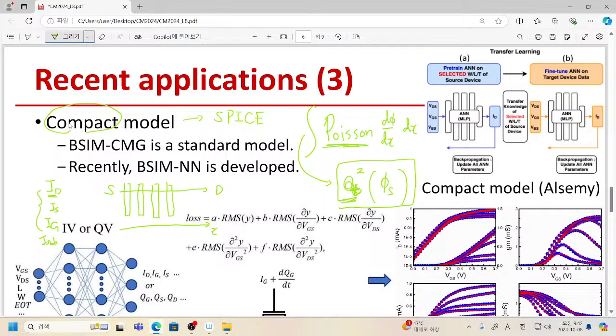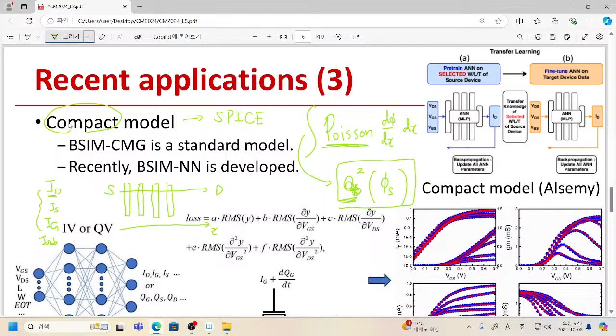This SPICE is the program used by our colleagues, device and circuit designers, and they are designing the circuit with the SPICE program or even higher level tools. Therefore, compact model is the very basic starting point of designing the semiconductor chip.